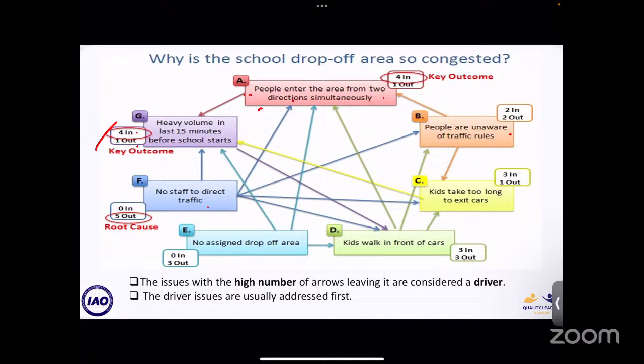So the problem with the most out arrows is the root cause. All right. We haven't seen many questions about the interrelationship diagram, but we consider it a tool used to identify the root cause. So the root cause is the issue with the highest number of outgoing arrows, meaning it is considered the main driver and the root cause of the problem. Clear?